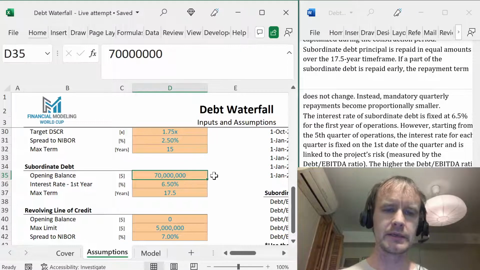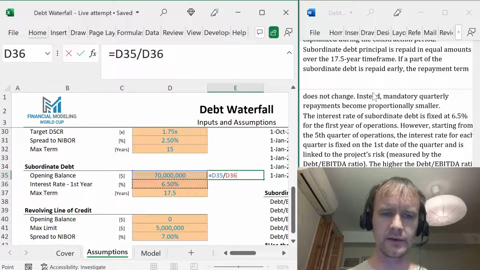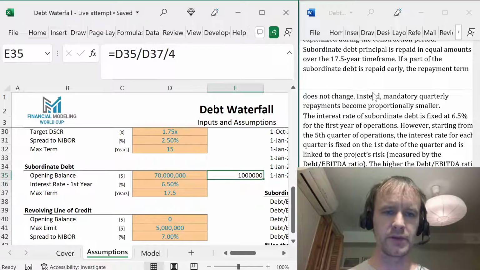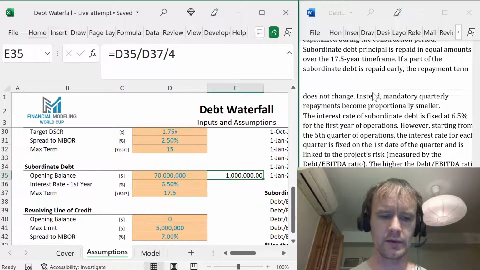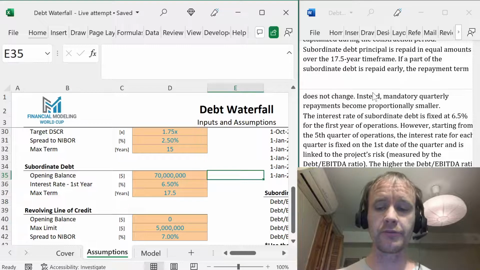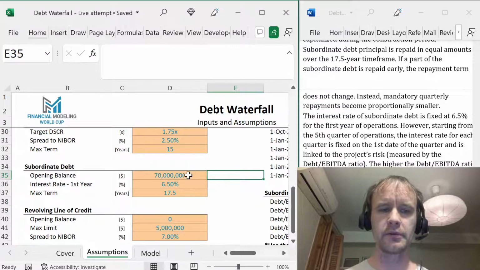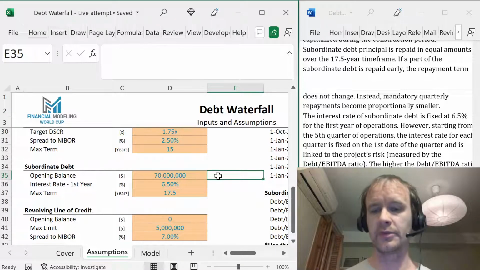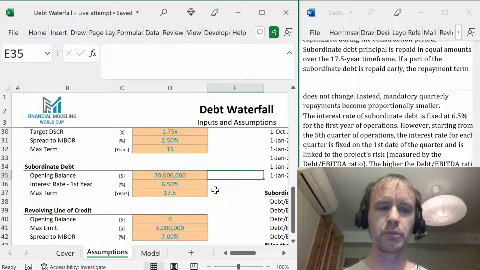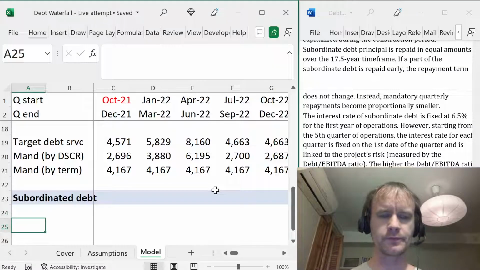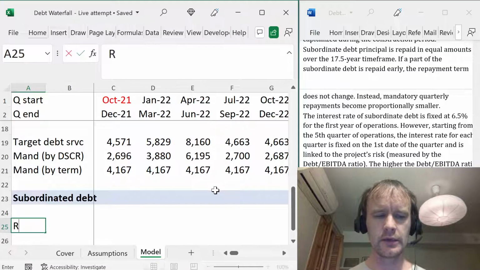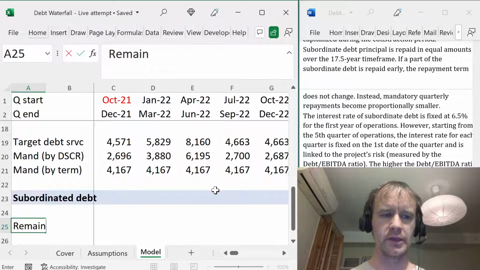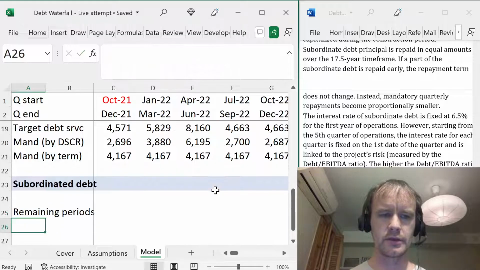So in other words, right now it's going to be that divided by 4, which will be $1 million per quarter. If, let's say, I paid off half of the loan, then the mandatory repayments after that would be $500,000 a quarter, so that you'd still be paying off the same proportion of what's left. So let's just do a quick remaining periods.